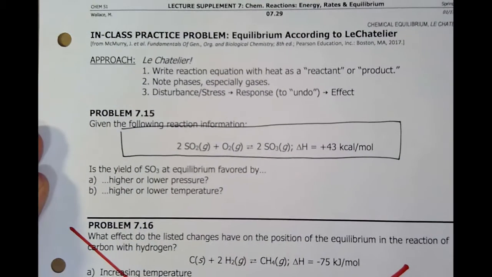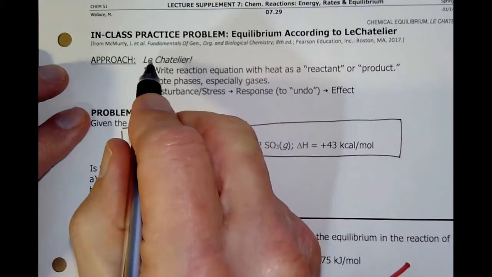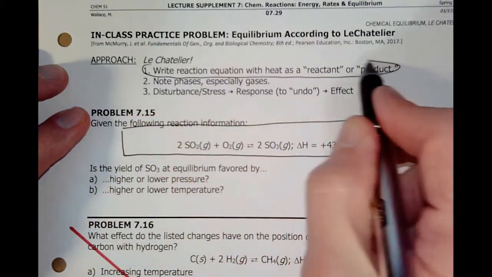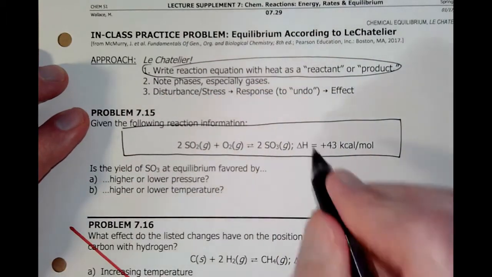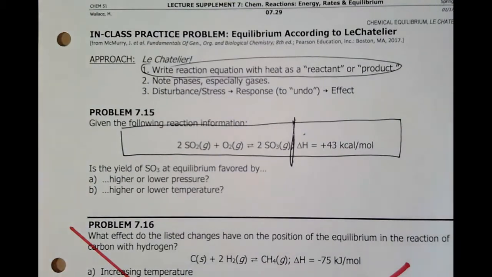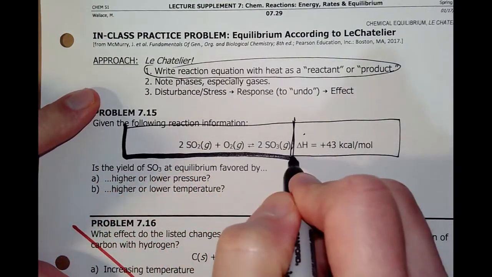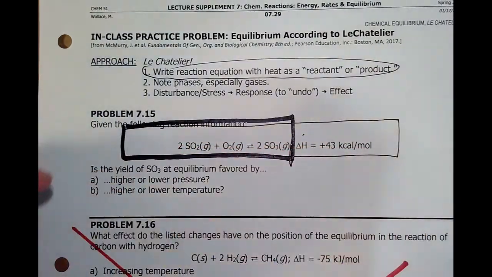I'm saying that's going on inside there. Now it says, LeChatelier, write the reaction equation with heat as a reactant or product. Oh, I should have maybe taken that out of there. Yeah, I got a better pen. Watch this technology. Here's my reaction vessel. Nice.